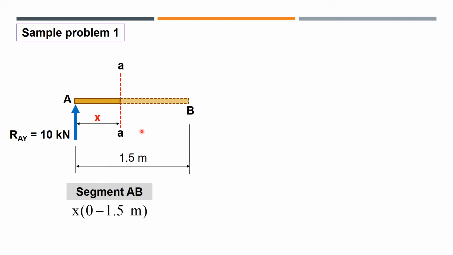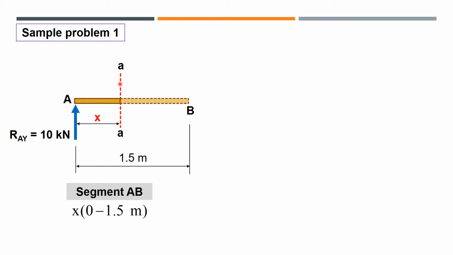So again, x can be any value between 0 to 1.5 meters. That is where we will see the variation of shear values and moment values at each point in a given segment, or in the whole beam. So again, that is our limit for segment AB.